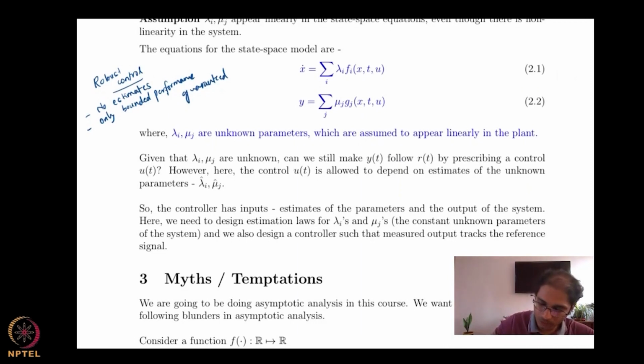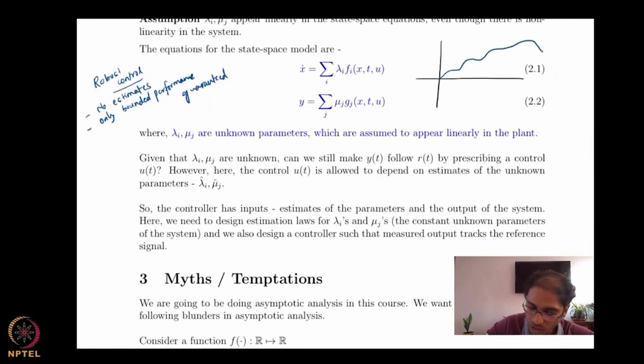So this is a rather important point, right? If I make a sort of XY axis, say, and say I have some kind of a robot for which I have a reference signal like this.